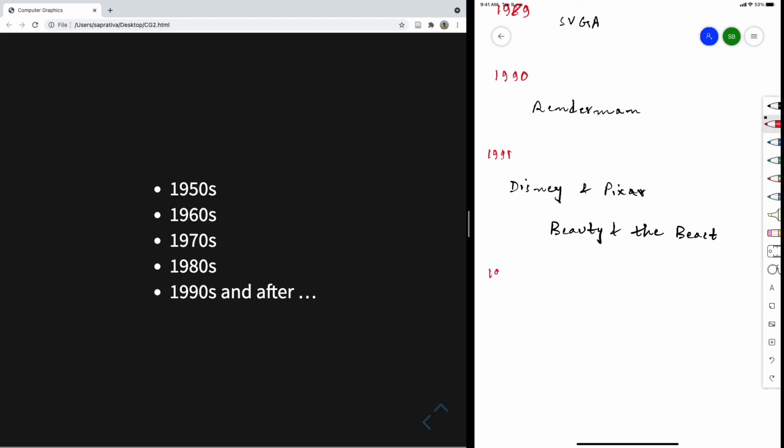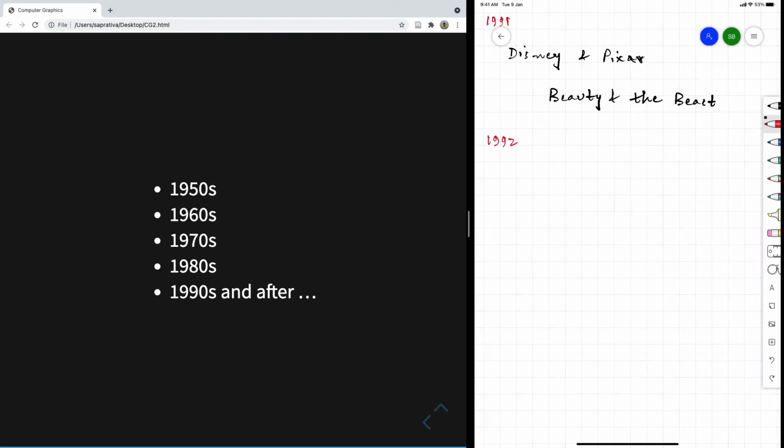Then in 1992 OpenGL specifications came out.